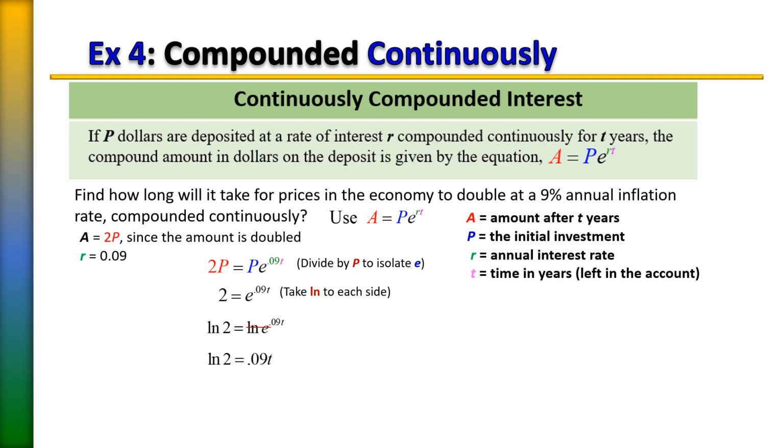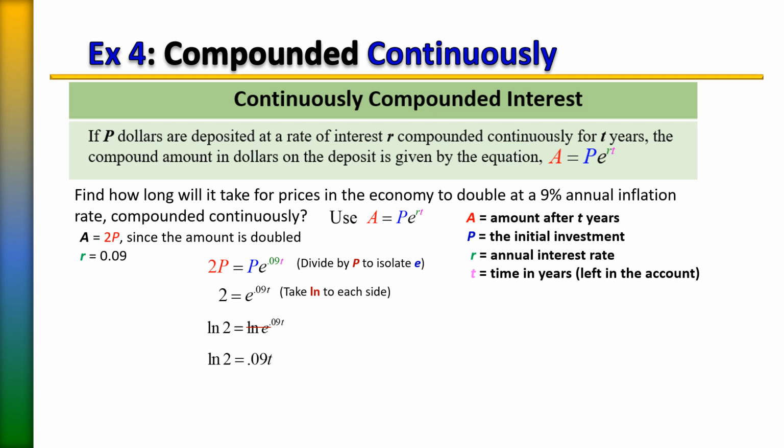Okay, we're almost done. All you have is one last step to solve for t. What are you going to do? Hint: 0.09 is sandwiched with t, which means they're being multiplied. So you have to do the opposite operation, which is divide. Divide by what? Yes, divide by 0.09.